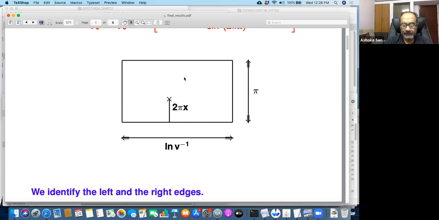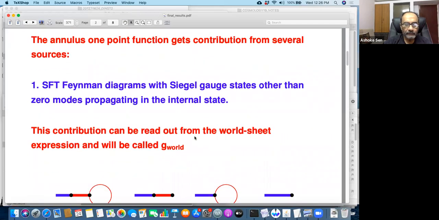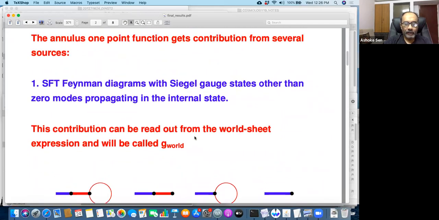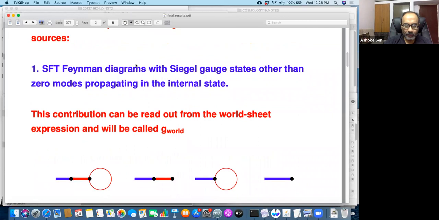So once you understand the geometry, then you follow exactly the same procedure to identify the relationship between the v's and x's and the q's. It turns out that the actual one-point function annulus comes from several sources. So let me describe those. The first are the string field theory Feynman diagrams with Siegel gauge states.